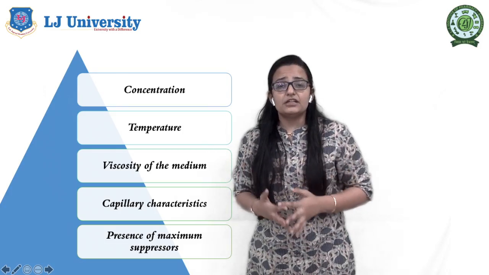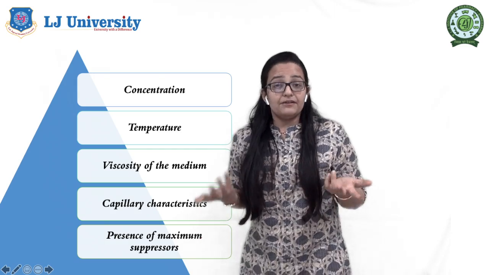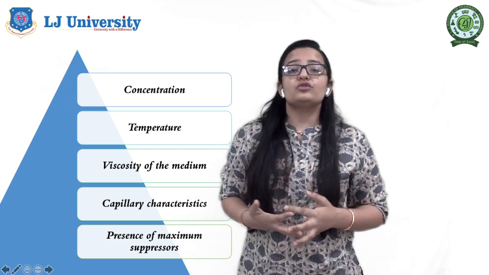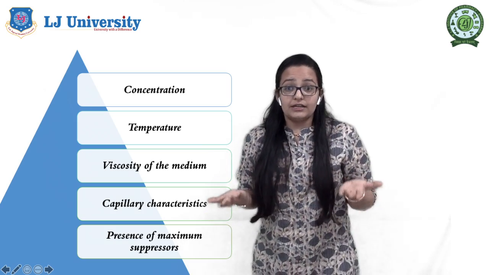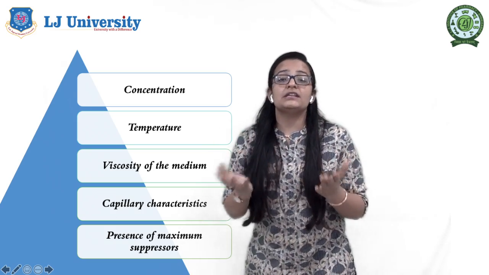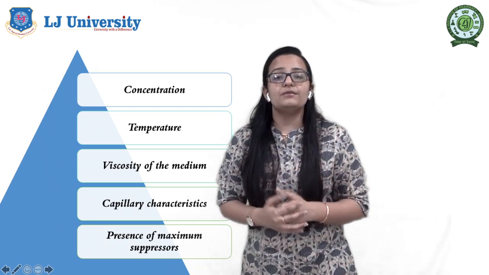Some of the factors which affect this diffusion current: concentration. Diffusion current is directly proportional to the concentration of the electroreducible ions. Temperature. Diffusion current also varies with temperature because it is directly proportional. Viscosity of the medium.